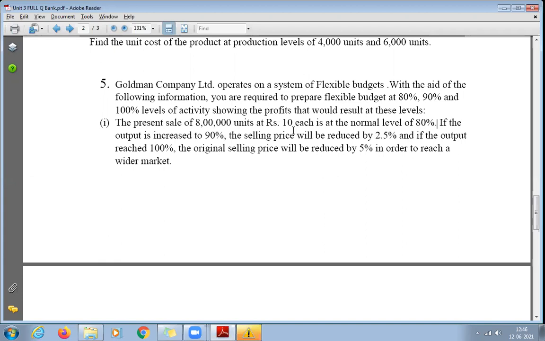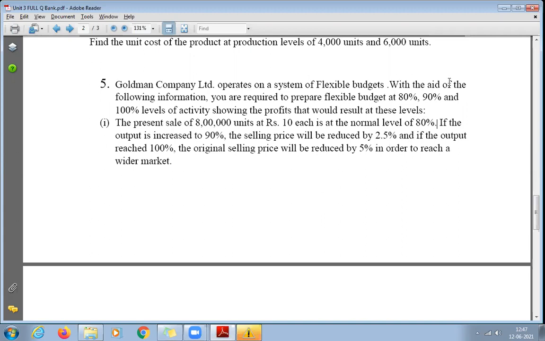So here is telling us selling price. How much is selling price? 10 rupees for normal level. And if the output reaches 90%, the selling price will be reduced by 2.5%. So if I reduce 2.5% from 10 rupees, how much will be selling price for 90% level? Calculate 2.5% of 10 rupees.